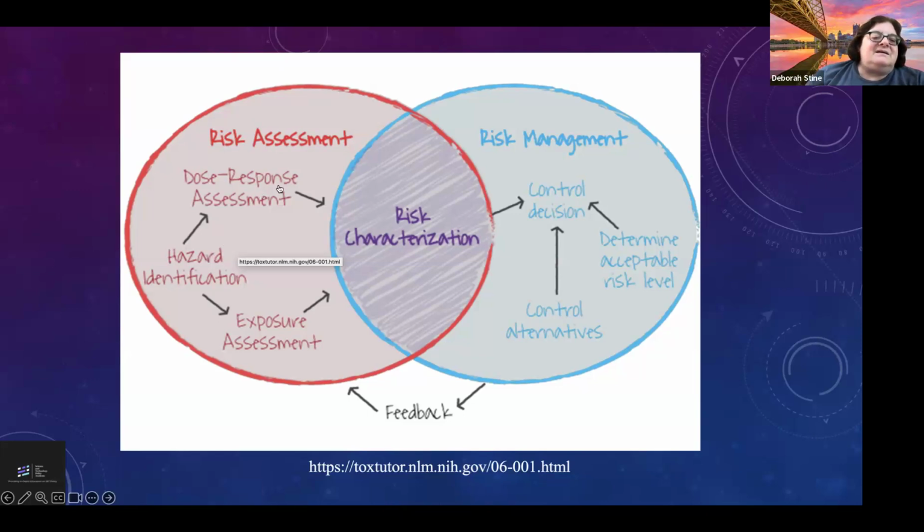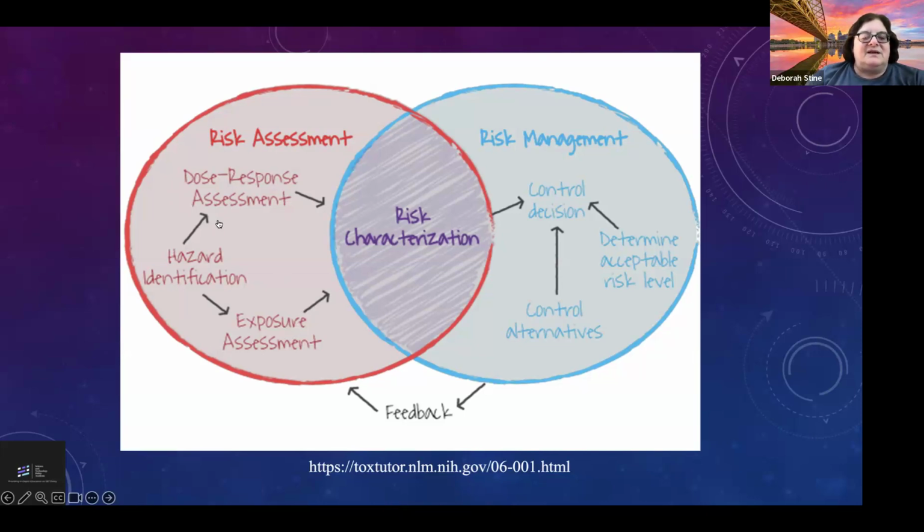And then you have what's called the dose response, which is basically, if I take in and breathe so much asbestos, this bad thing's going to happen to me. But on the other hand, if I'm never exposed to asbestos, I don't have to worry about it, right? So you have to go down here and figure out the exposure that person has.